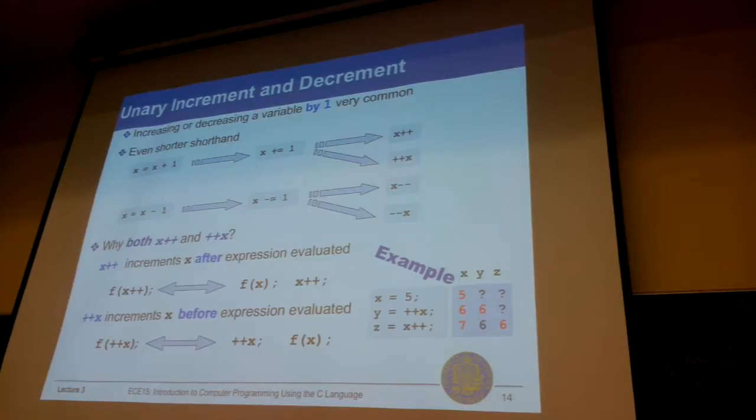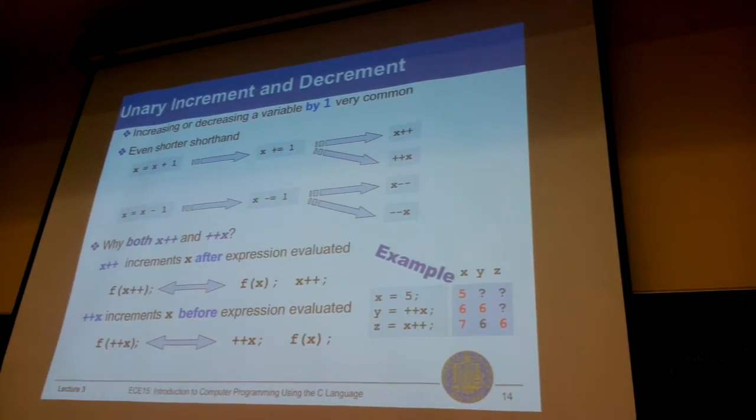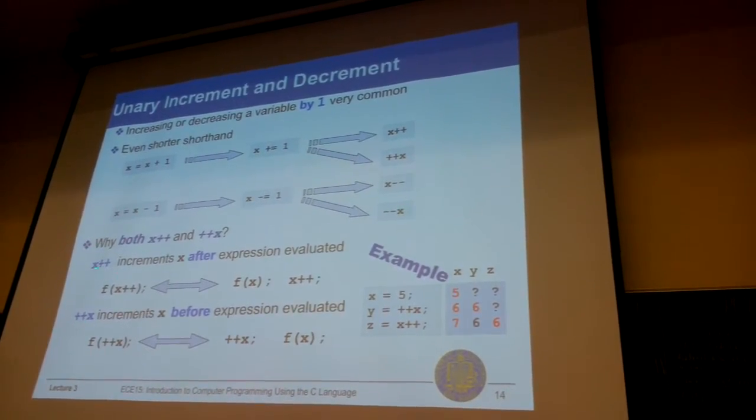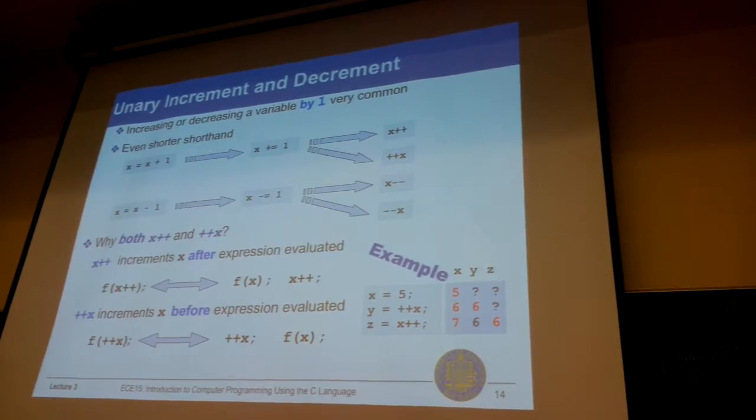So it turns out that z will be set to 6, which is B, which most of you answered. But I can see why there's a little bit of confusion, right? The thing to focus on is this order of operations. When we have plus plus x, we're saying increment x and then do your assignment. Whereas when we have x plus plus, we're saying assign and then increment x.